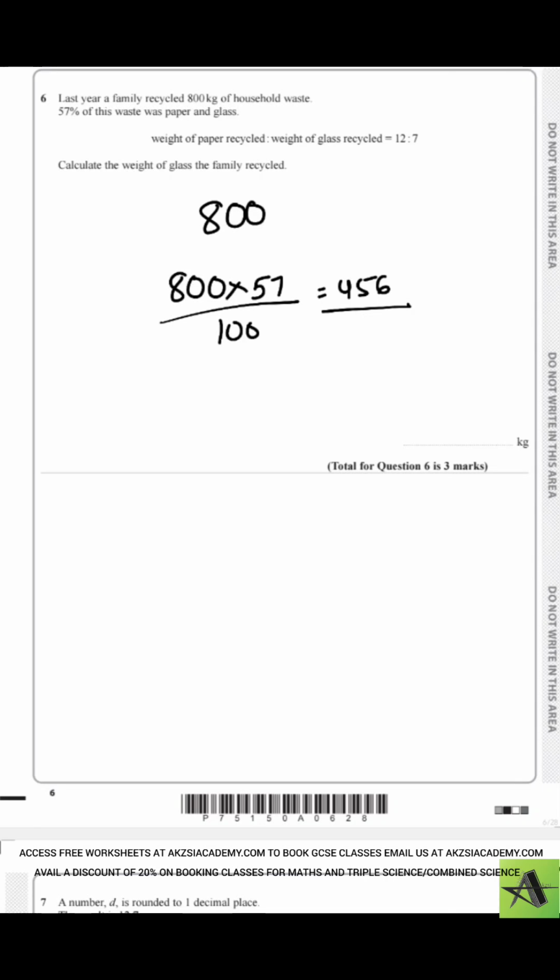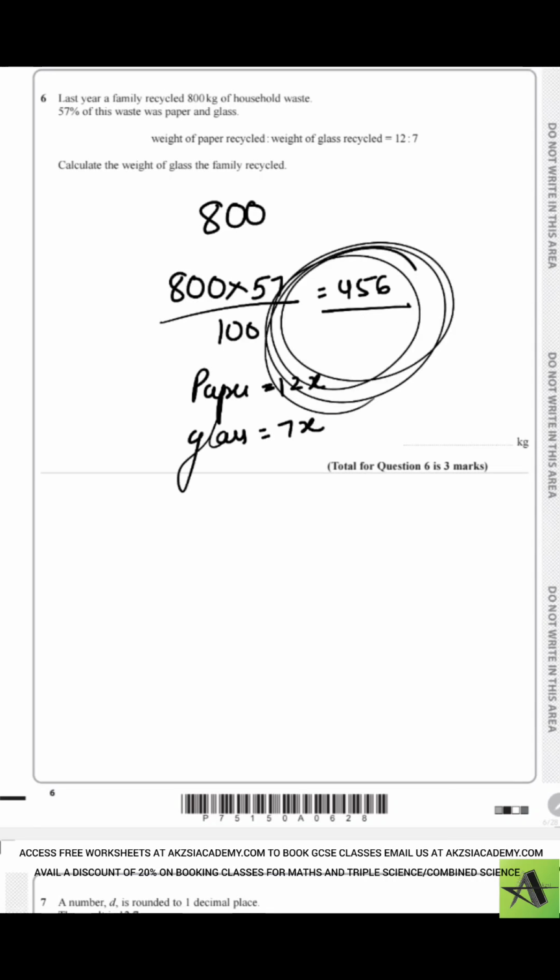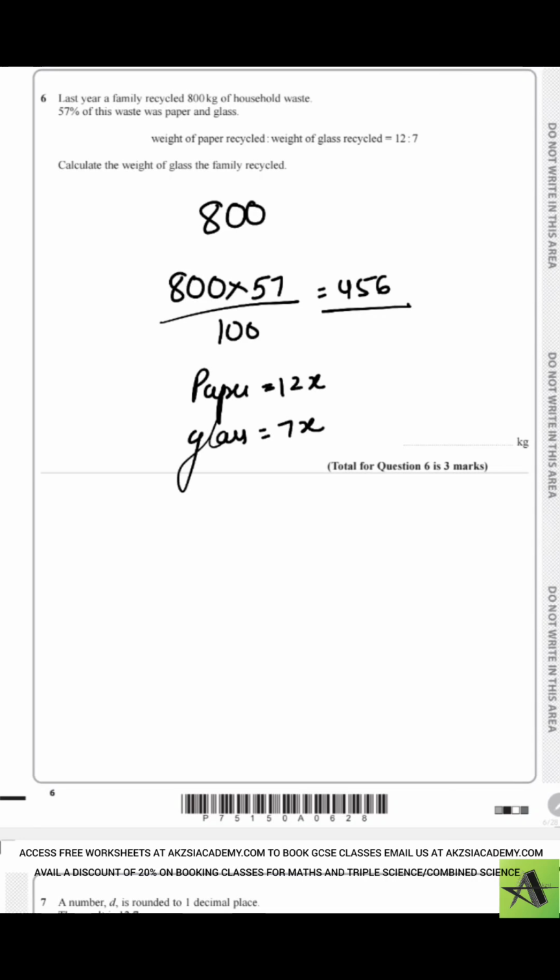Now the ratio of paper recycled to glass recycled is 12:7. That means paper recycled is 12x and glass recycled is 7x. Together they equal 456, because 57%, which is 456, is the waste containing paper and glass.